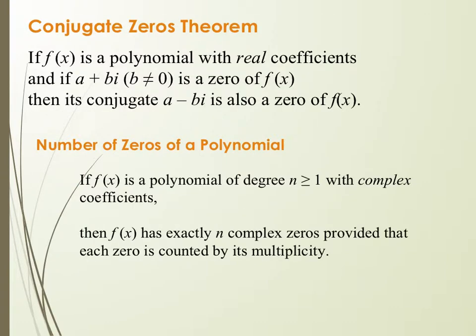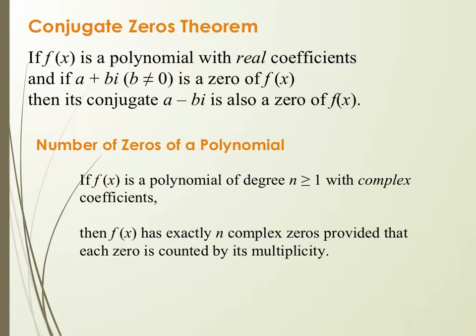Another important theorem is the conjugate zero theorem. If f of x is a polynomial with real coefficients, and if a plus bi is a zero of f of x, then its conjugate, a minus bi, is also a zero of f of x.